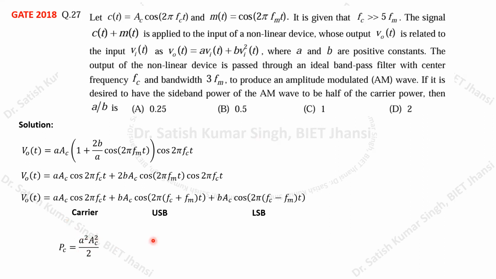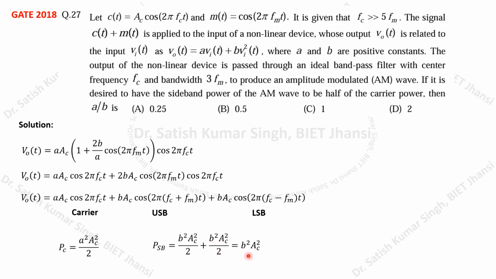We also have to calculate the sideband power. The sideband power will be the power available in the upper sideband plus the power available in the lower sideband. So this value will be B square Ac square by 2, and again here we get B square Ac square by 2.